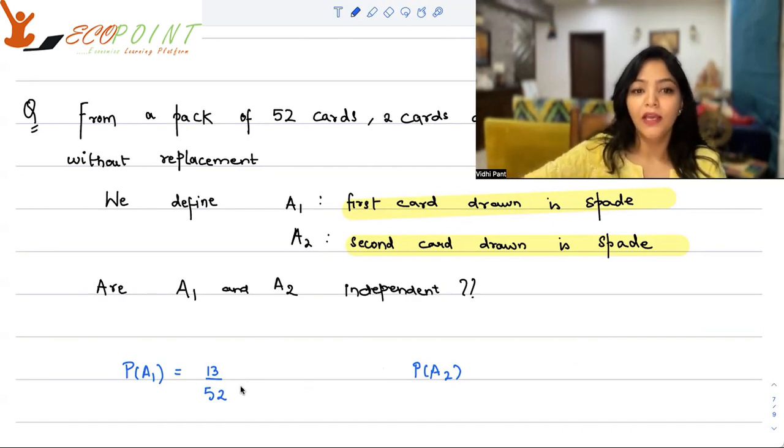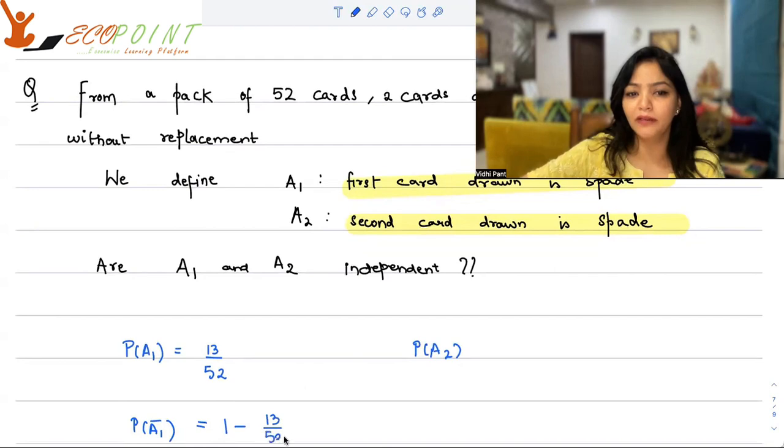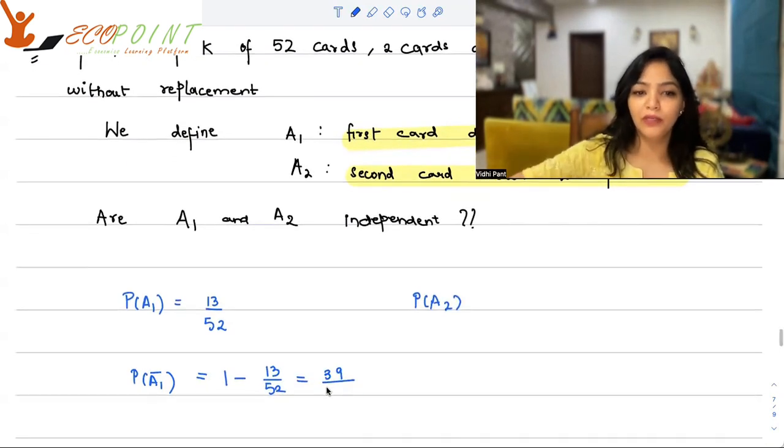So when you are drawing your first card, it might be a spade or it might not be a spade. So there's a possibility that you are getting something else and not a spade, right? So 13 out of 52 is for a spade, then 39 out of 52 is something else, not a spade.